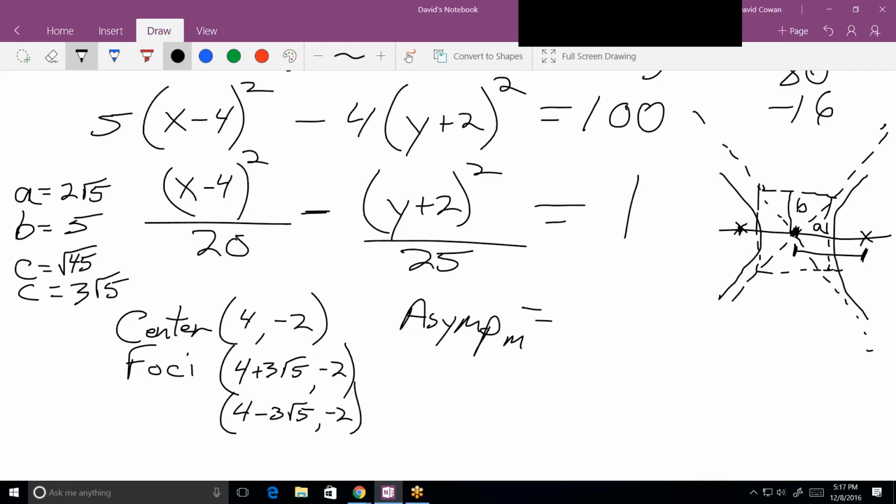You get the slope of the asymptotes from the rise over run, B over A. That's the slope of the positive one, and the negative slope is negative B over A. So if they want the equation of the asymptotes, this one gives you what? Y equals... the equation of that dotted line. 5 over... Hold on a minute.